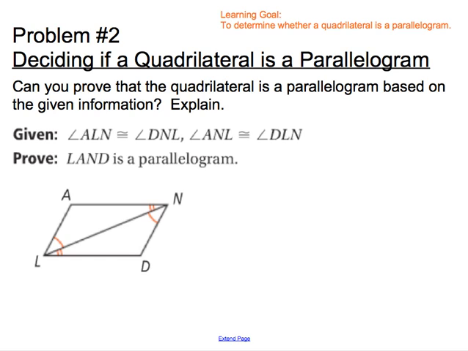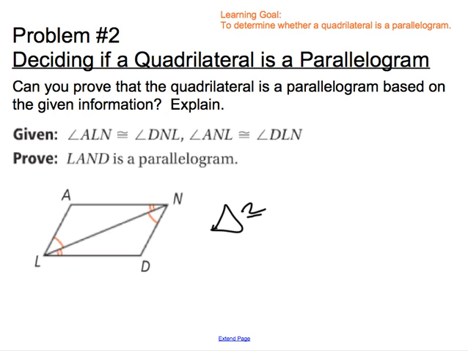So here we're asked to show that LAND is a parallelogram. We're given some congruent sets of angles. The nice thing about this, one of the things that you should remember from proving triangles congruent, is that LN is a reflexive side in both triangles. These triangles are actually congruent by angle, side, angle.